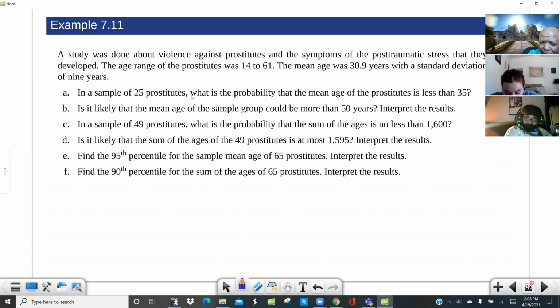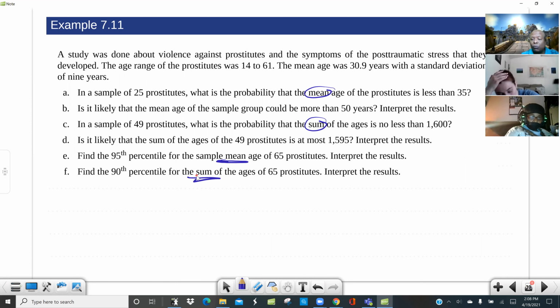In a sample of 25, what's the probability that the mean age is less than 35? Is it likely that the mean age would be more than 50 years? Then in a sample of 49, what's the probability that the sum now? What's the 95th percentile for the mean, and what's the 90th percentile for the sum?